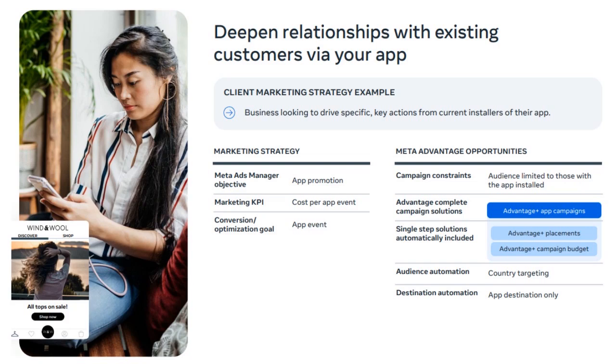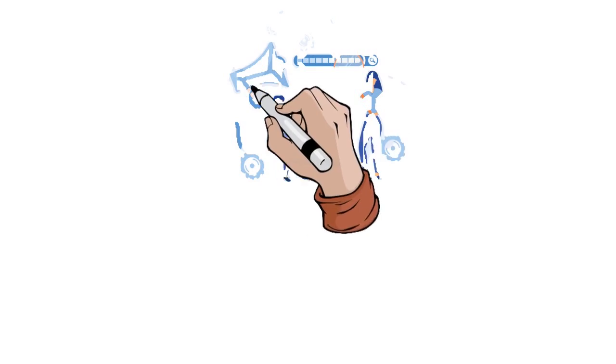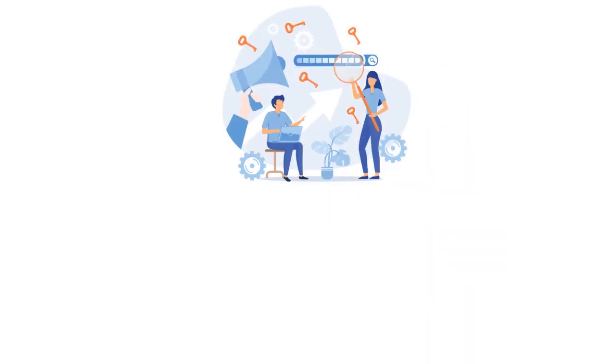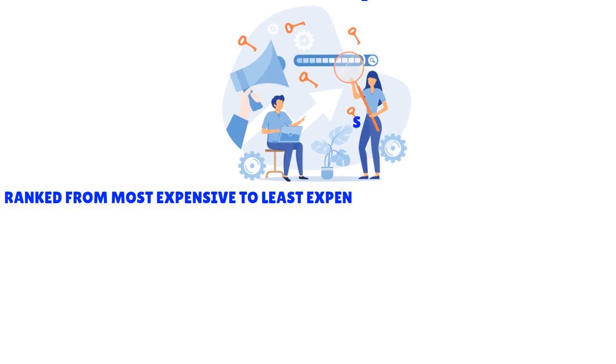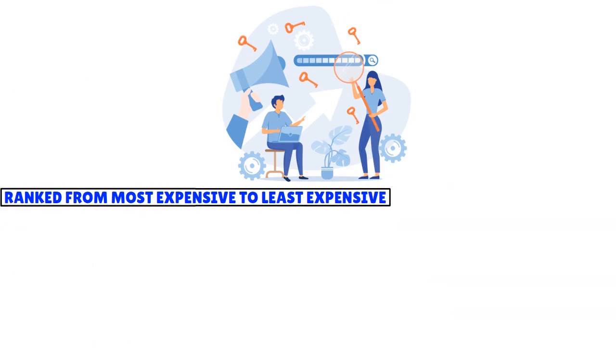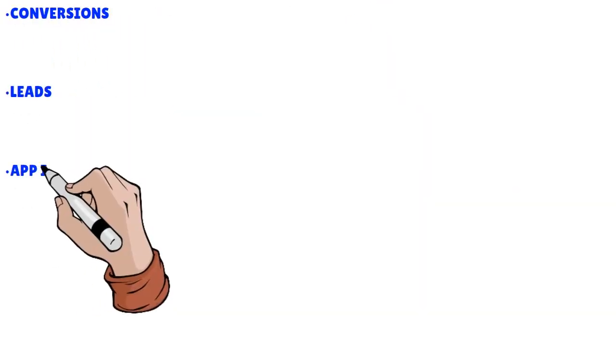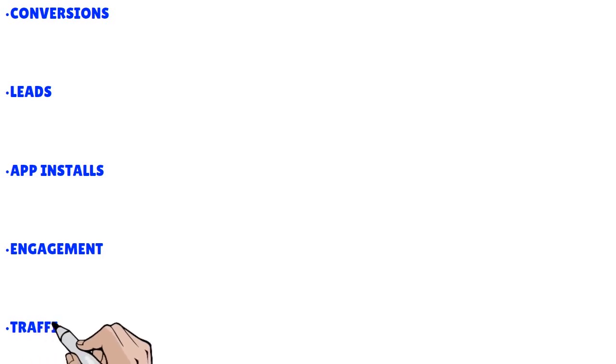Some are downright pricey, while others are far more budget friendly. Let me give you a quick rundown of common campaign types, ranked from most expensive to least expensive. You have conversions, leads, app installs, engagement, and traffic.